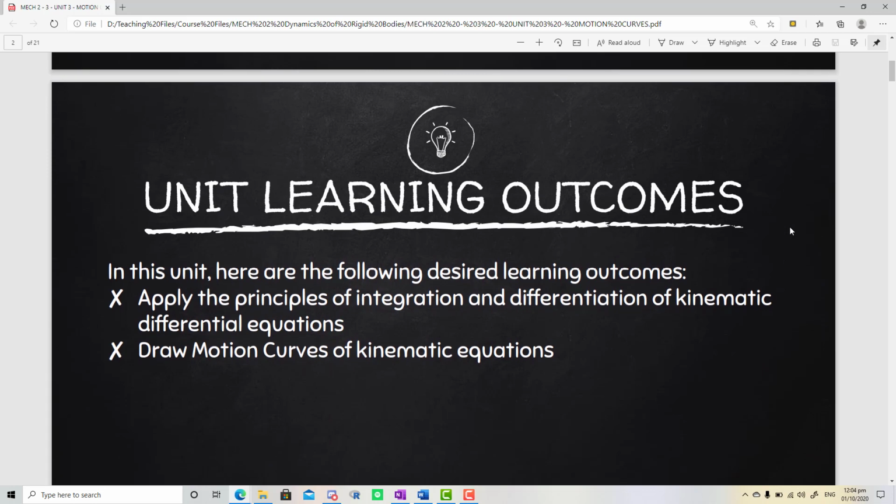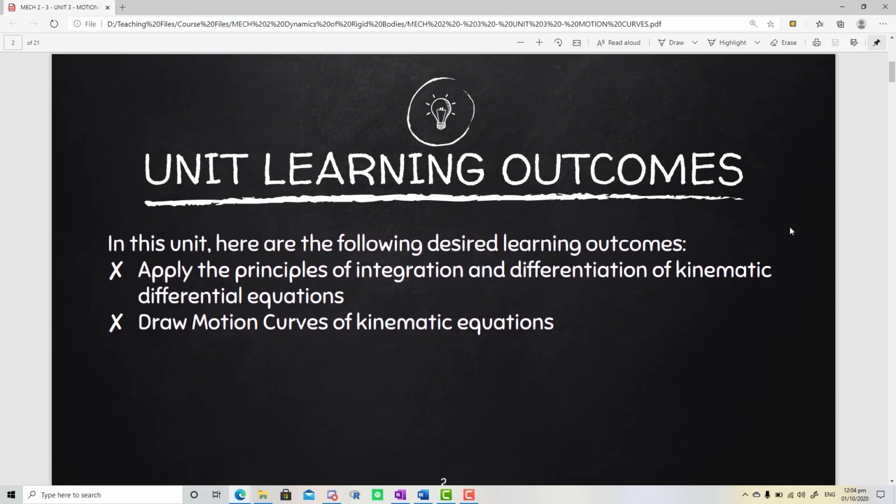For this unit, the following are our desired learning outcomes. First is to apply the principles of integration and differentiation of kinematic differential equations. I believe that you are done with your differential calculus and integral calculus, so this should be just a review and an application of the integral and differential calculus to motion curves.